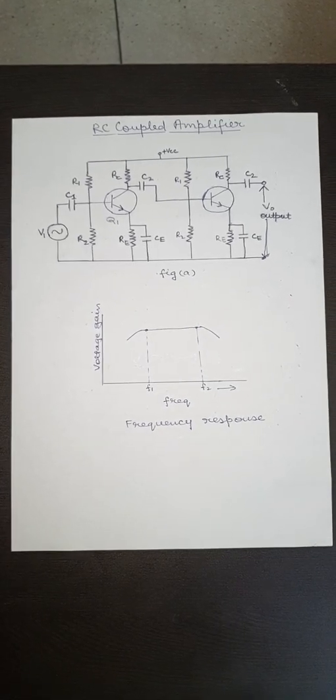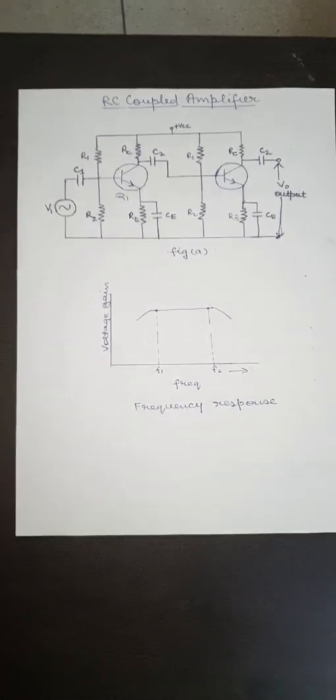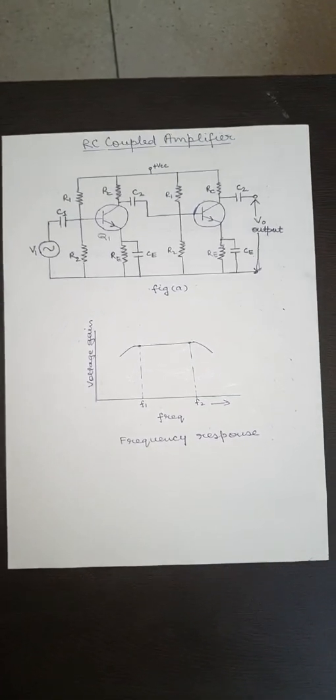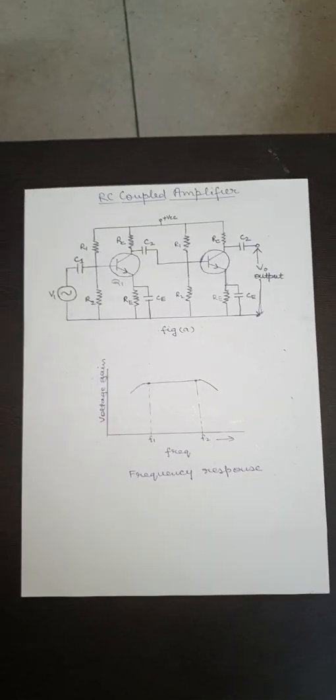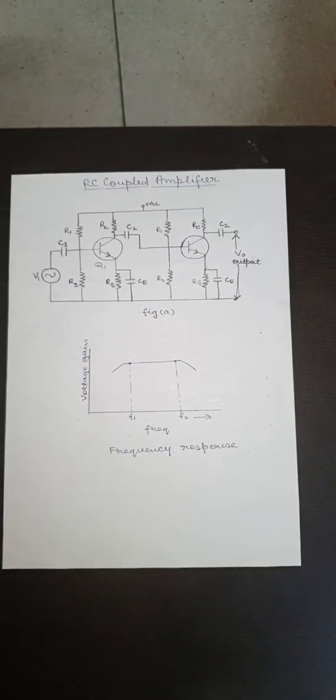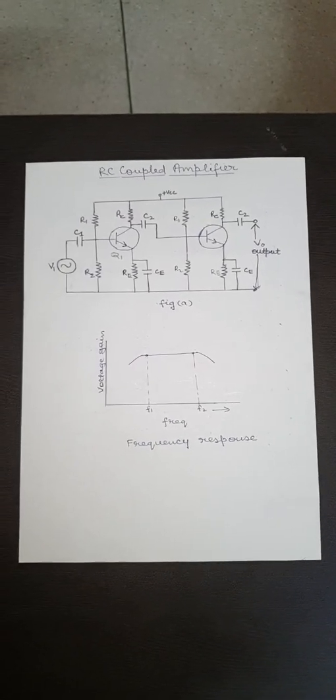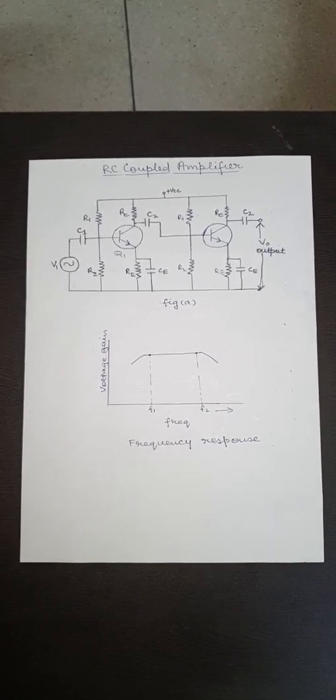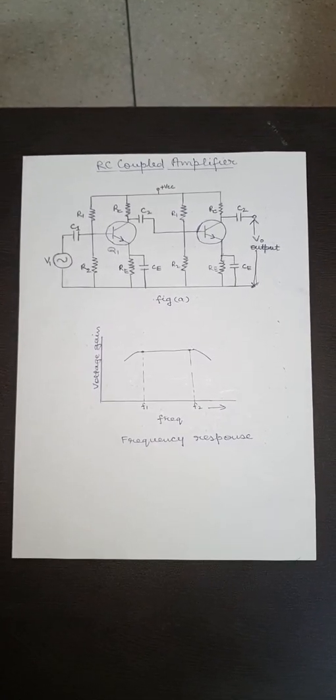Operation of the RC coupled amplifier. When the AC input signal is absent, a quiescent DC collector current IC flows through the transistor and the collector-emitter voltage is VCE. These are the operating values of the transistor in DC condition.